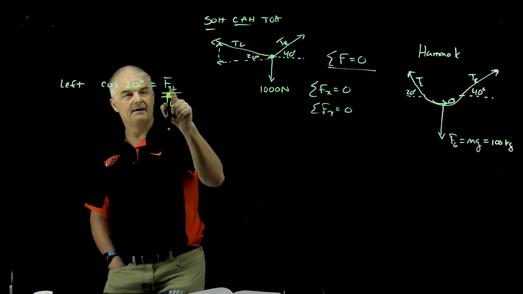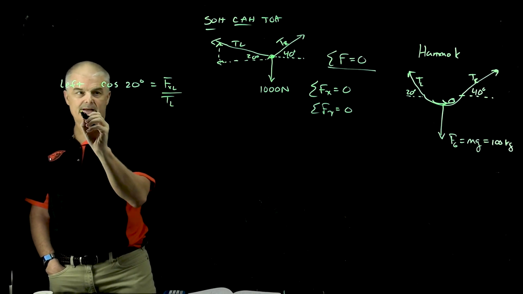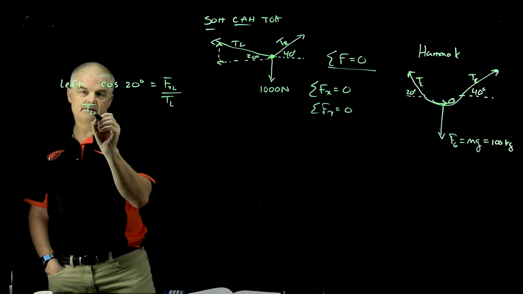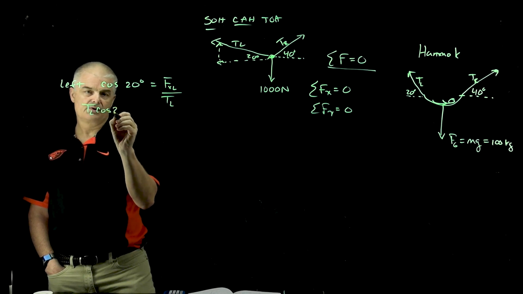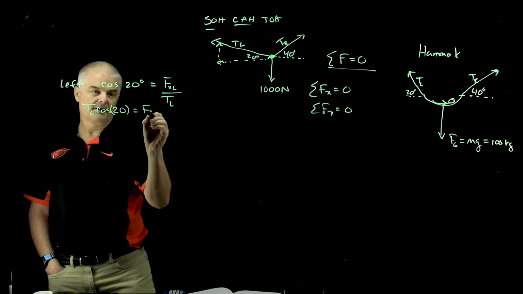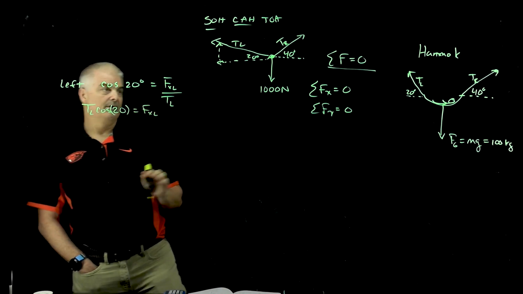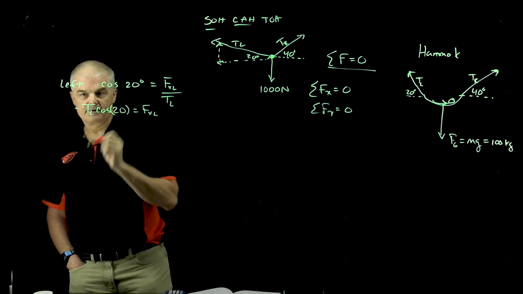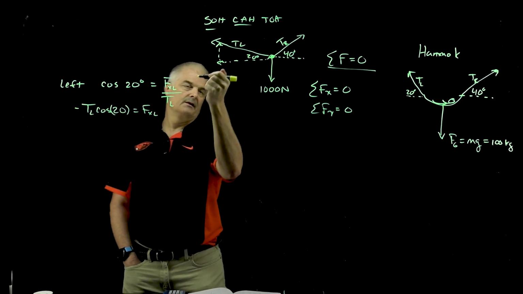Or to find the FXL, we can say TL cos 20 equals the FXL. Does that make sense? And then the opposite is going to be true. As a note, this will be a negative number, right? Because it's in the negative x direction.